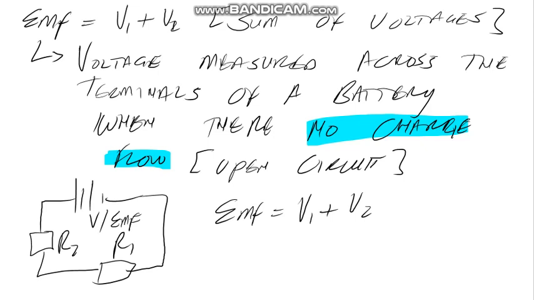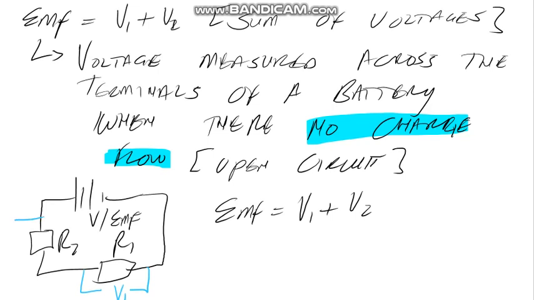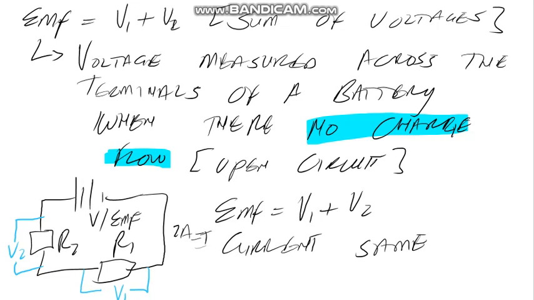So in a series circuit, you have to calculate the individual voltages, because each has a different voltage drop. But the current is the same in a series circuit. The current here is 2 amps, so the current for R1 and for R2 is the same, but the voltages are not the same.